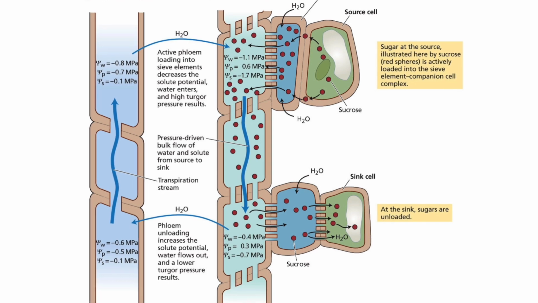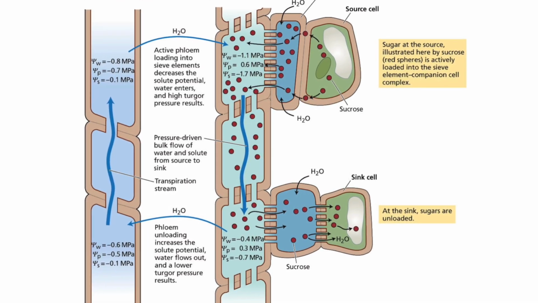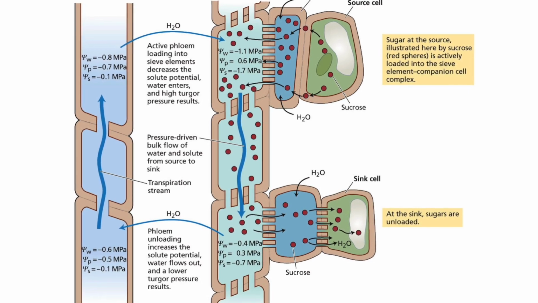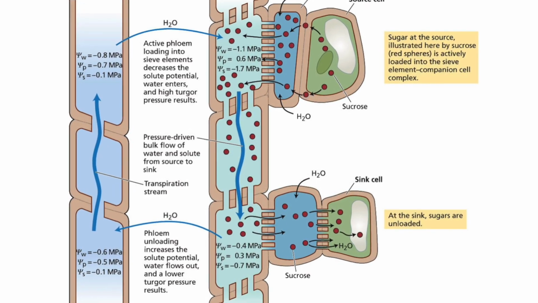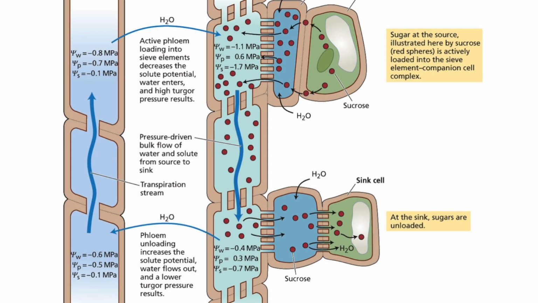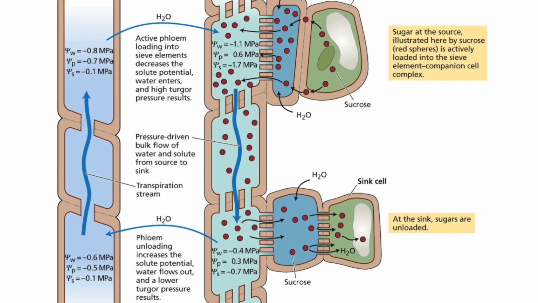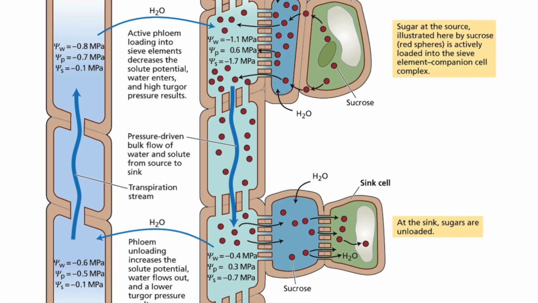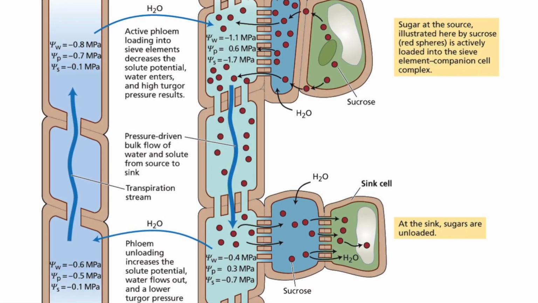And it's moving passively by pressure through the sieve tube down a pressure gradient, because at the lower end near the sink, we have sugars being removed out of the phloem into the adjacent cells and finally into the sink cell.